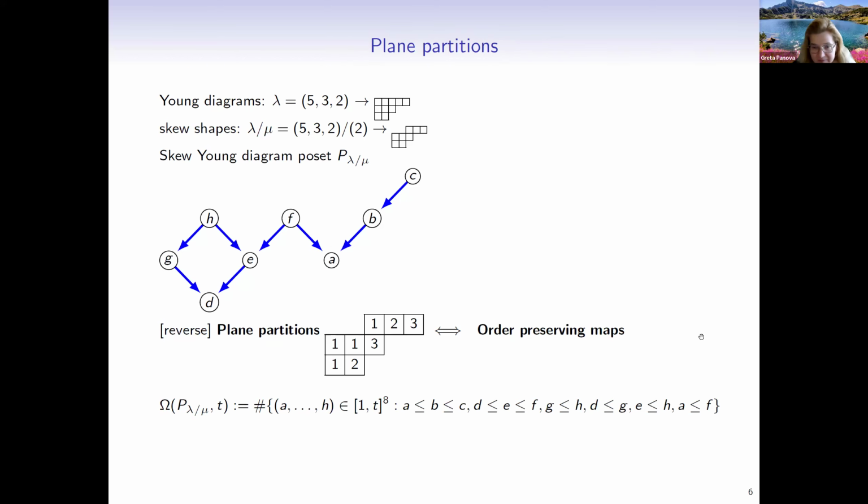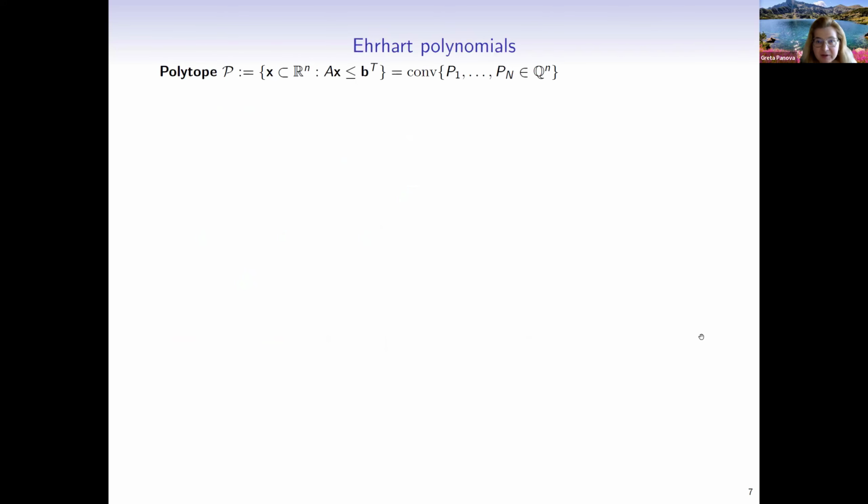So these are the plane partitions and the order polynomials of posets, but these are directly related to Ehrhart polynomials. So what's an Ehrhart polynomial?